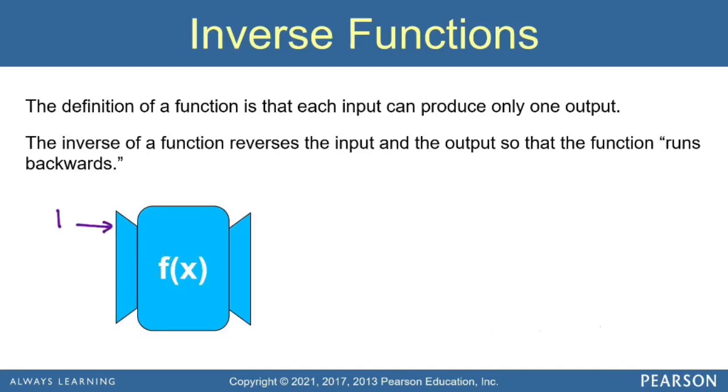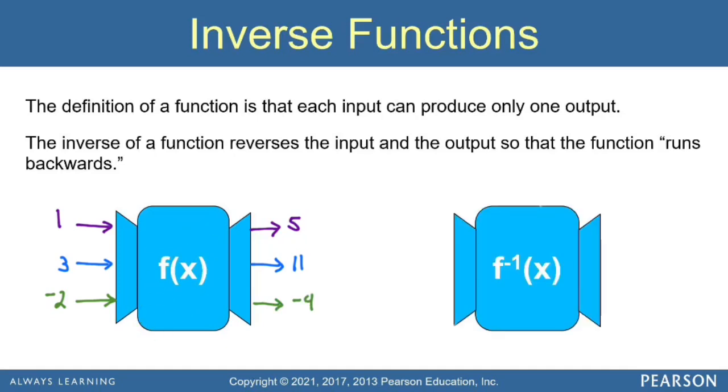And let's imagine that we feed a 1 into this function and we get out a 5. Now you don't know how the function is doing this, but you know that every time you put in a 1, you get out a 5. And let's imagine that every time you put in a 3, you get out an 11. And every time you put in a -2, you get out a -4. And that's how that function works.